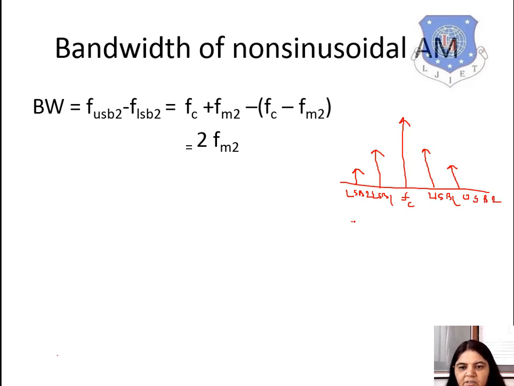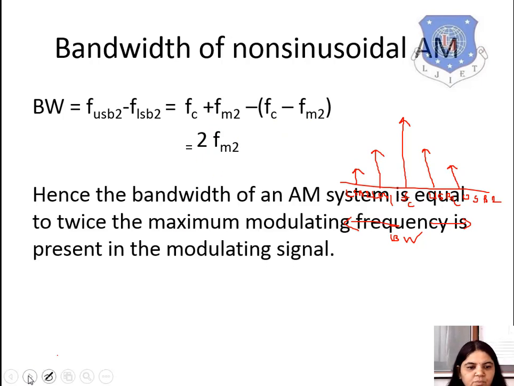So the bandwidth required for it is how much? It is the upper frequency minus the lower frequency. So it is FC plus FM2 minus FC minus FM2. So FC cancels and it is equal to twice FM2.